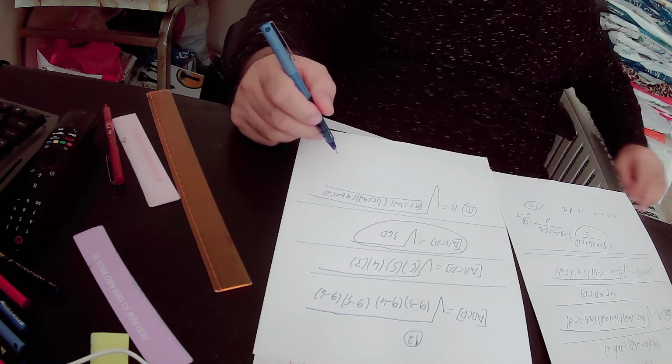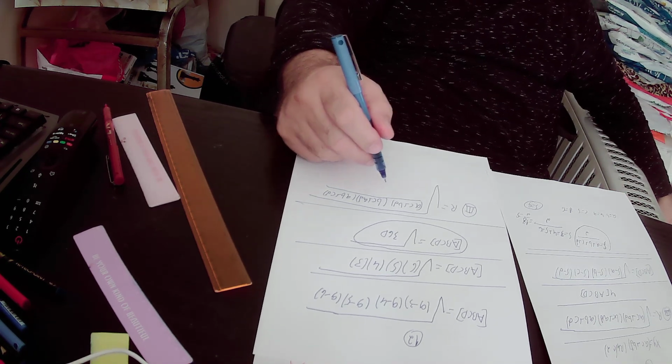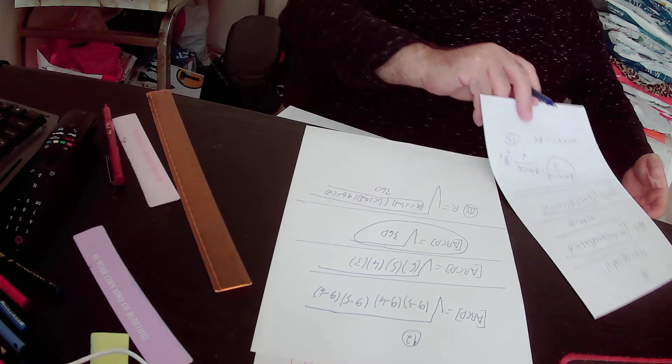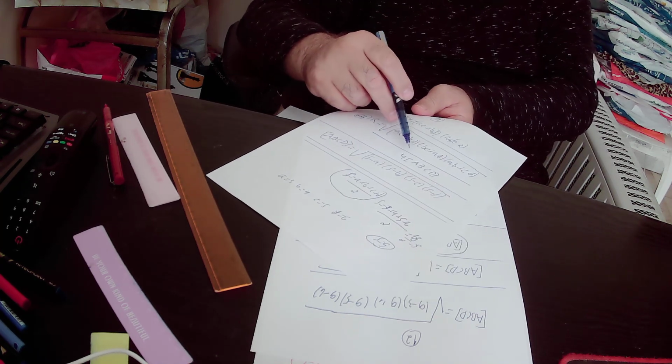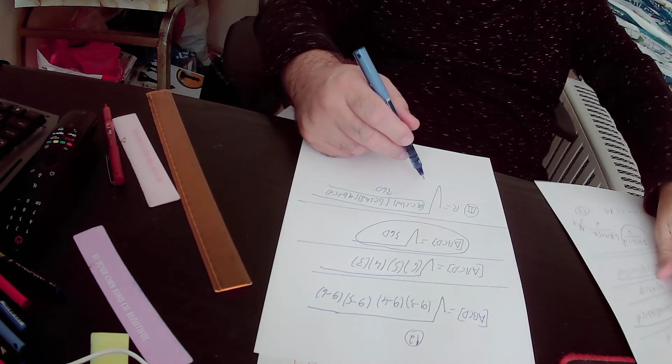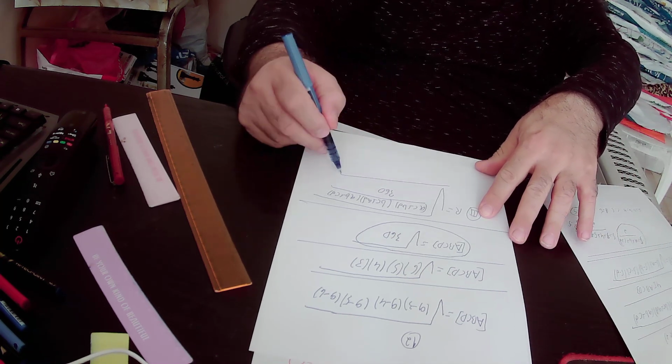We have already found out that the area of quadrilateral ABCD equals the root of 360, and we must divide all by 4. Okay, we divide it by 4.